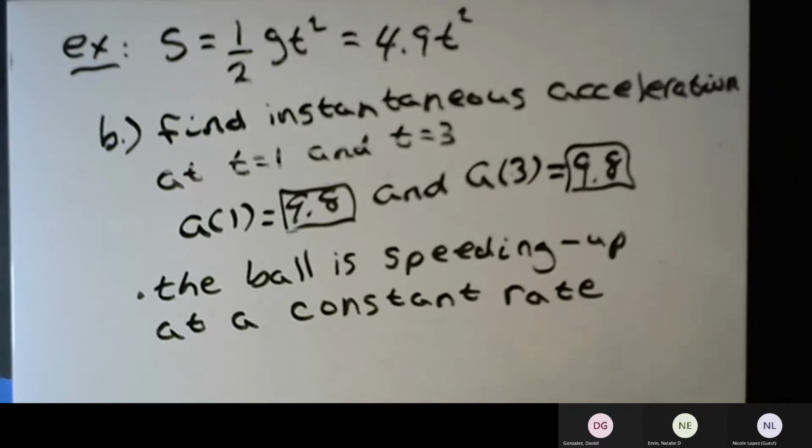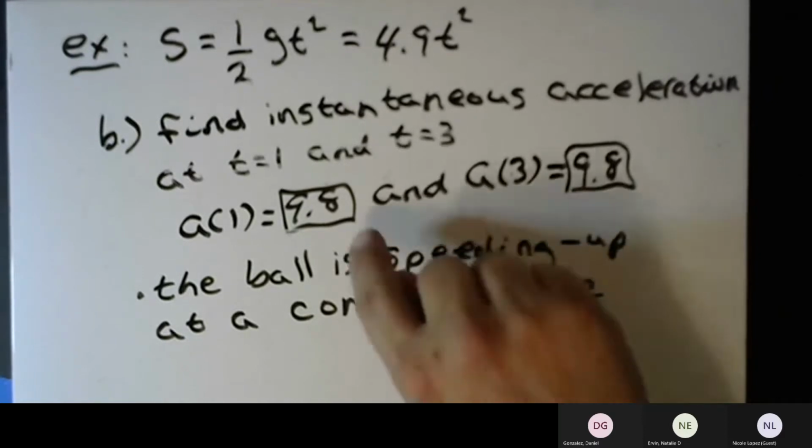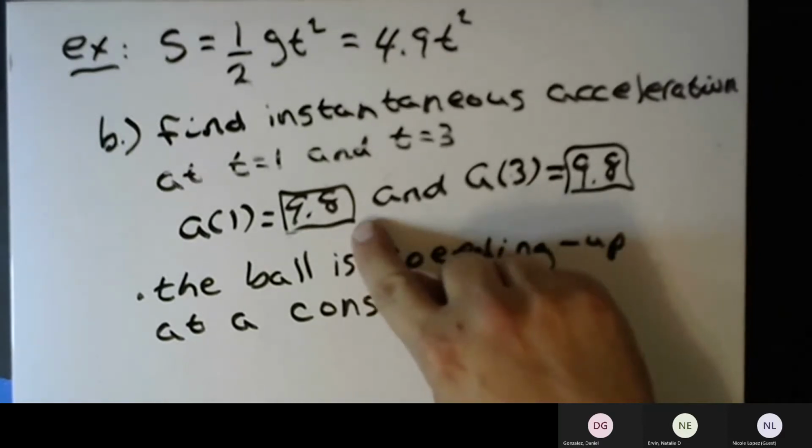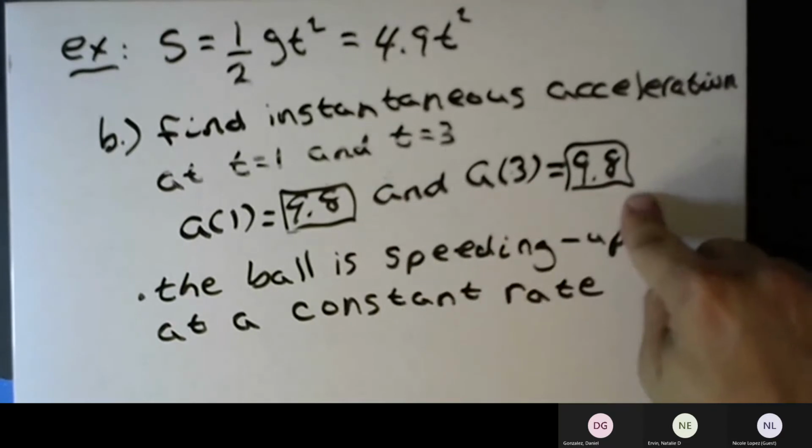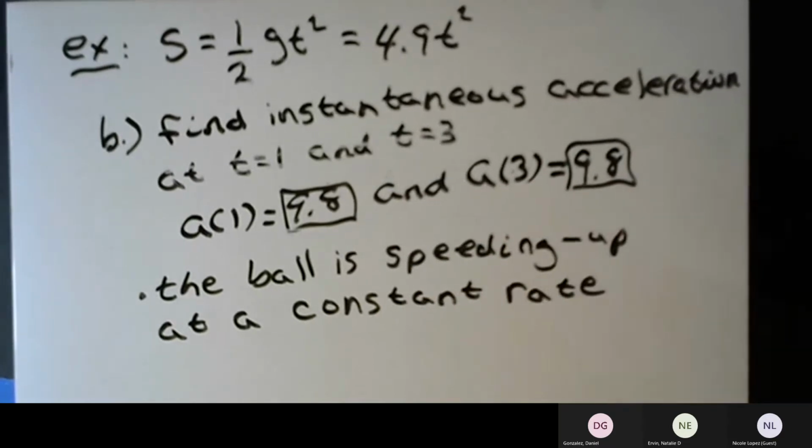So this is one of the facts of physics, that if you're falling near the Earth's surface, you're constantly speeding up at the same rate. Your speed is increasing at the same rate. So questions about that? All right.